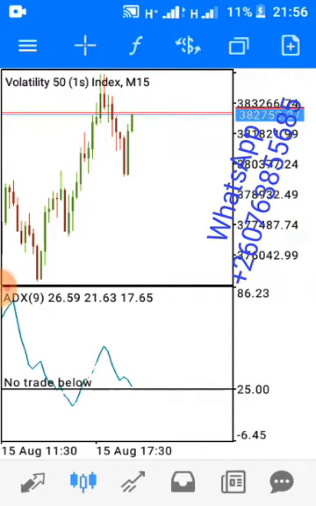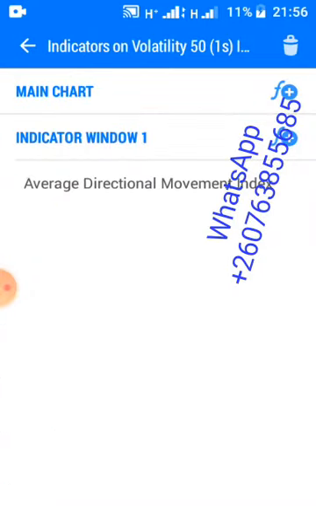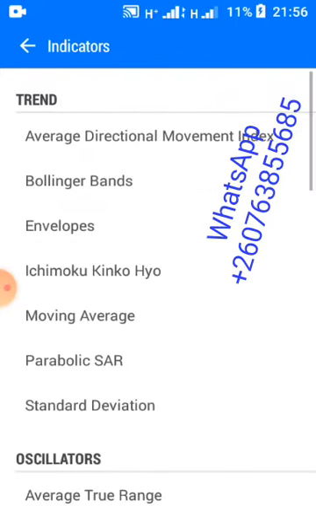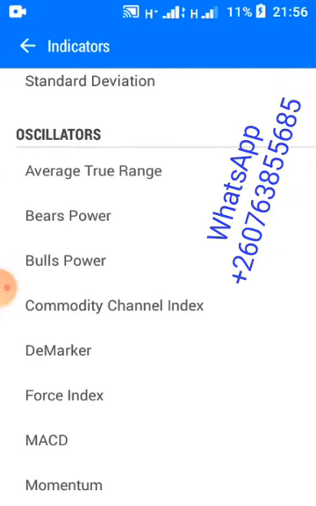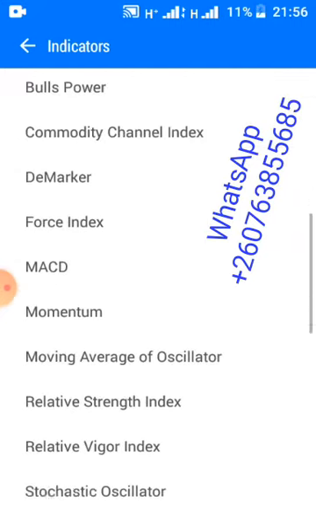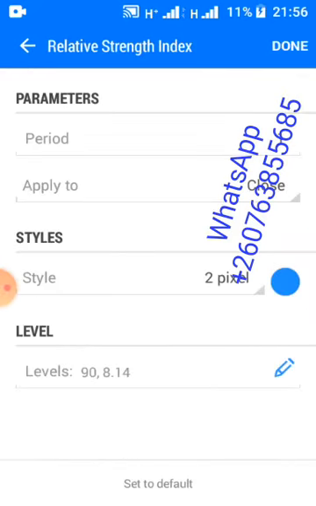Next thing, you also add on an indicator window the relative strength index, the RSI.